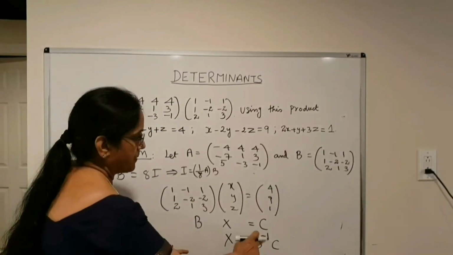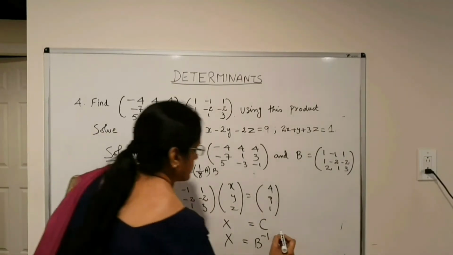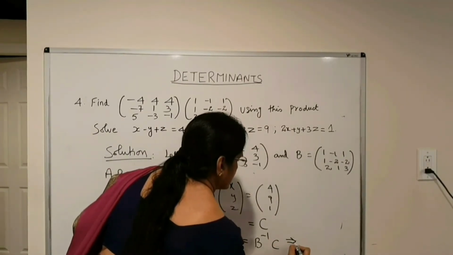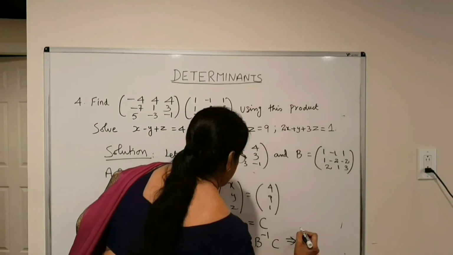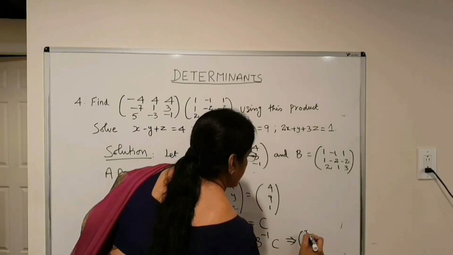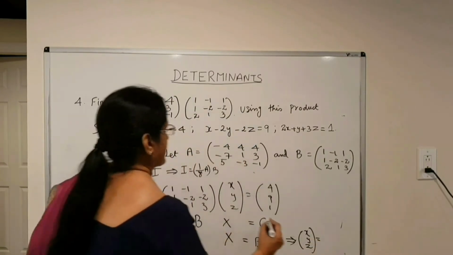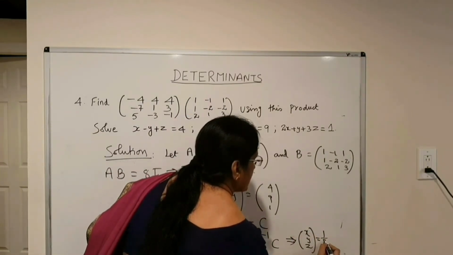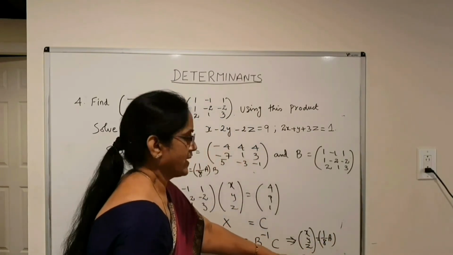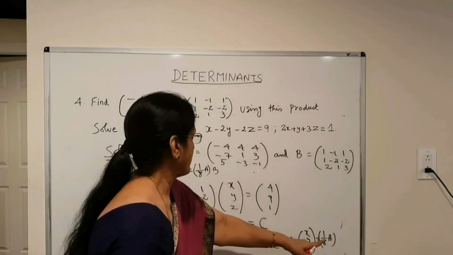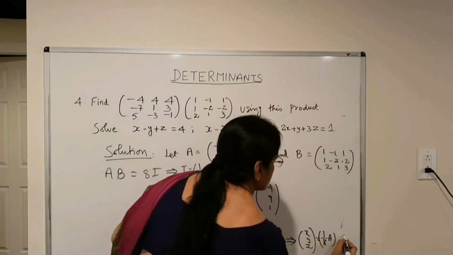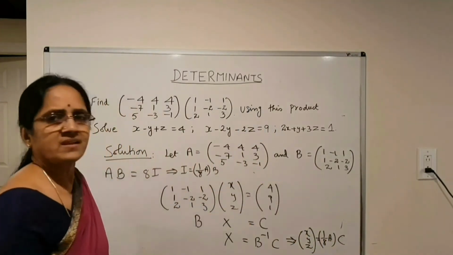X is equal to B inverse C. So this implies X, Y, Z should be equal to 1 by 8 of A into C. This step is very, very important.